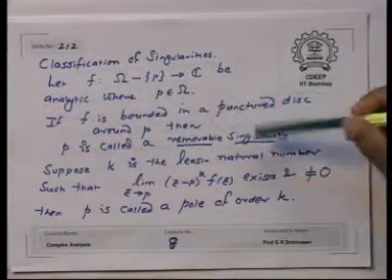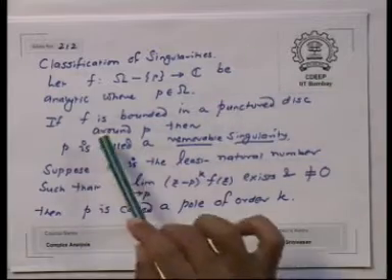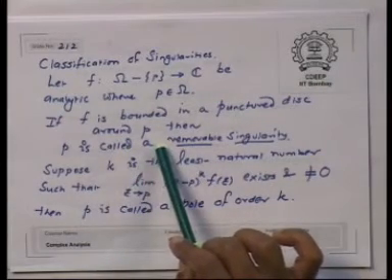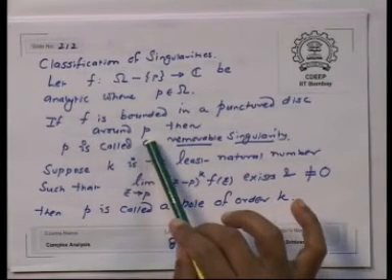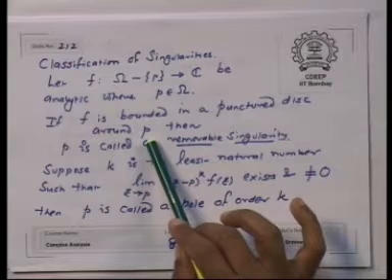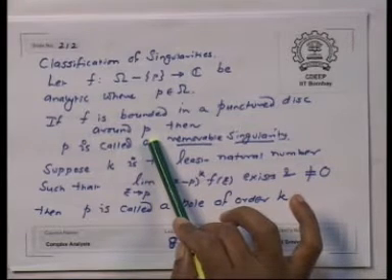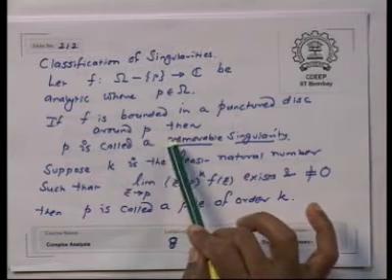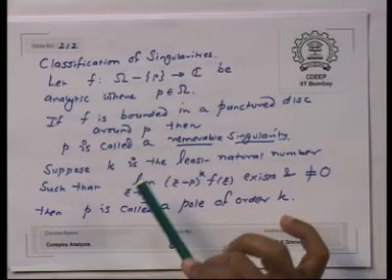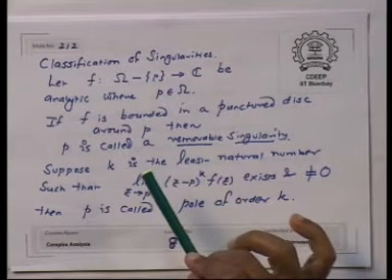Similarly, what it says is that in this particular situation, your function is bounded in a punctured disk around p. Riemann's theorem says that the limit of f of z as z tends to p exists. So, by defining f of p to be this limit, the function actually becomes analytic even at p. So, p is really not a singularity.